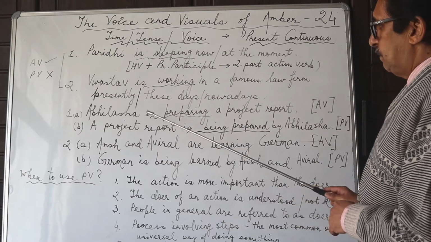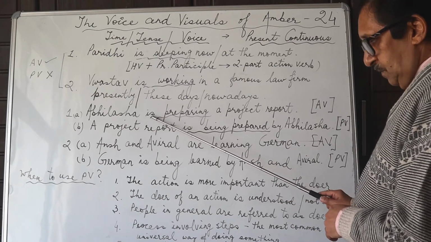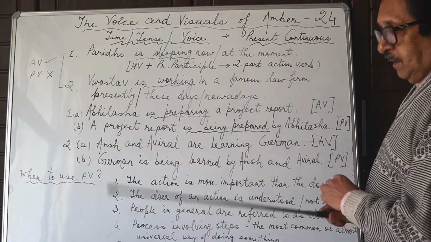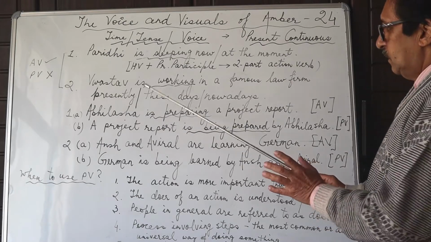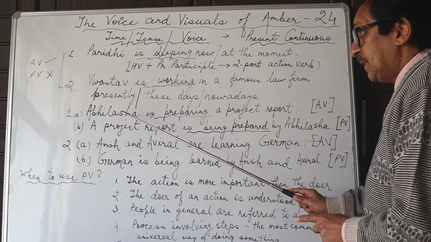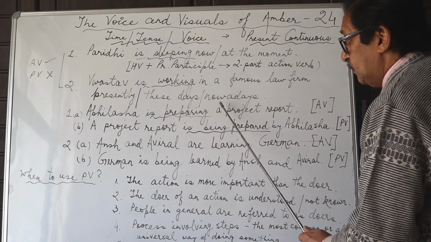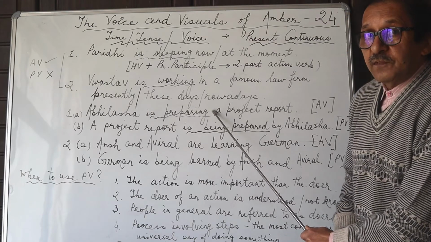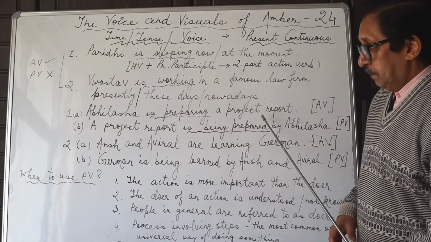So she is preparing. Is, again, is the helping verb, preparing the present participle. Together they form the two-part action verb. But here, Abhilasha is preparing what? A project report.